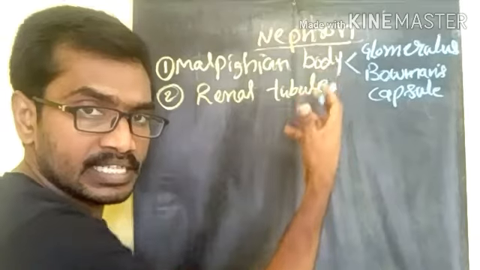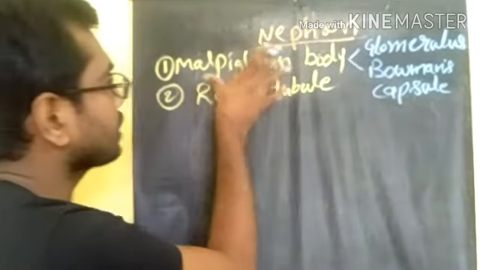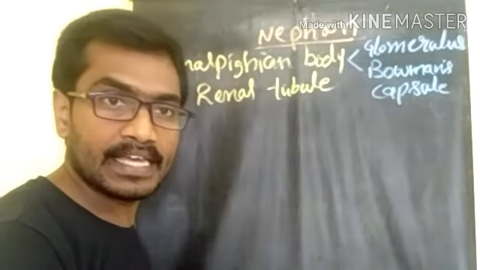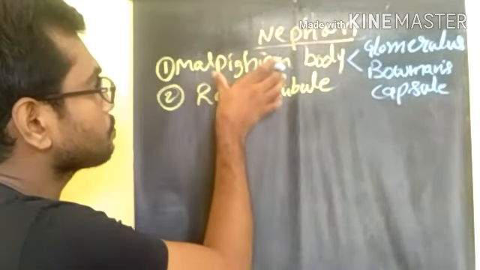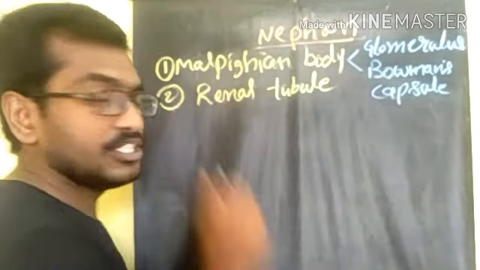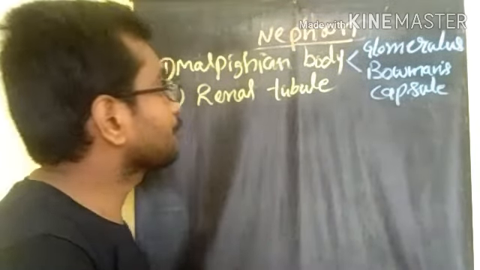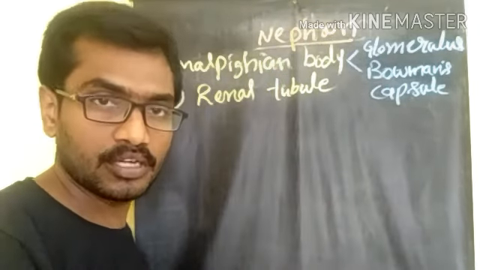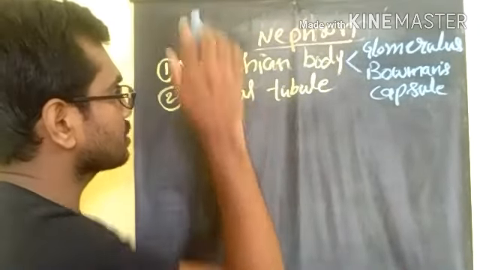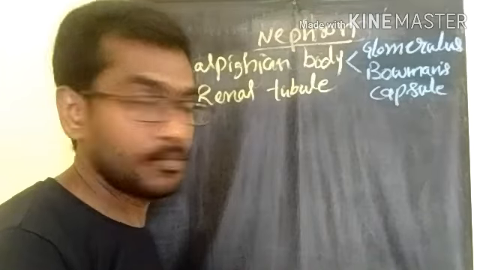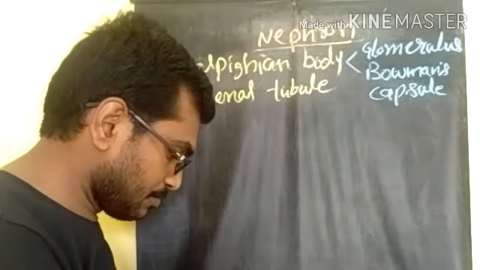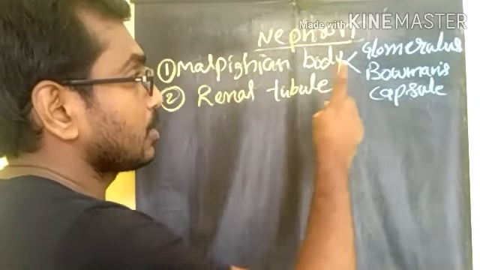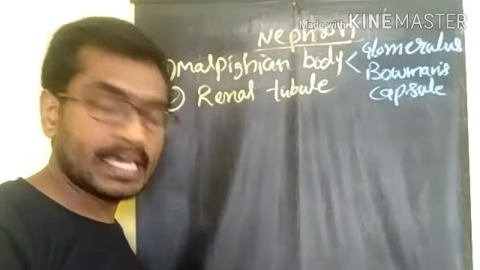So glomerulus and Bowman's capsule together form the Malpighian body. This Malpighian body and renal tubule together form a nephron. Okay, so let us see first the Malpighian body, composed of glomerulus and Bowman's capsule.